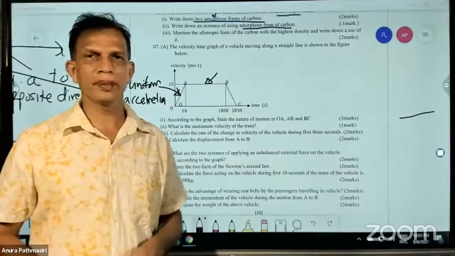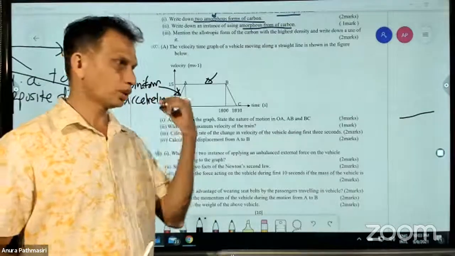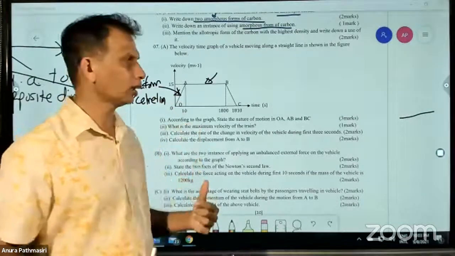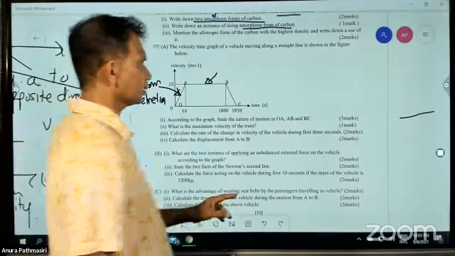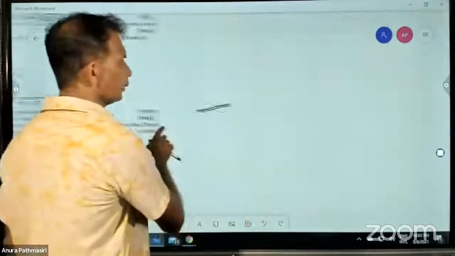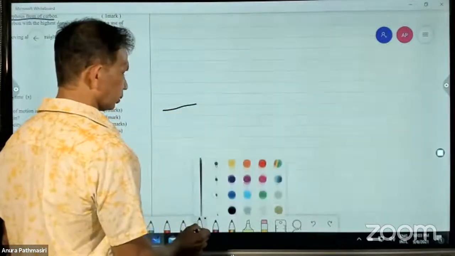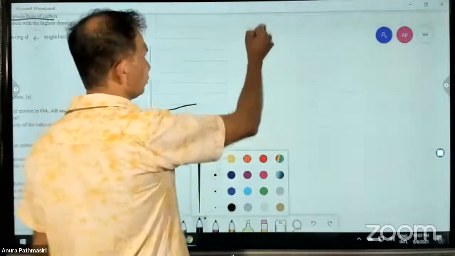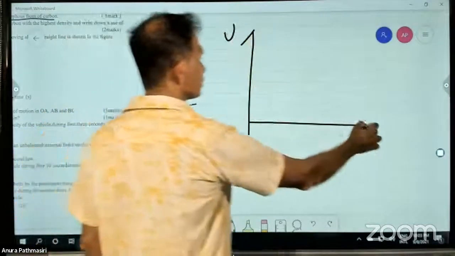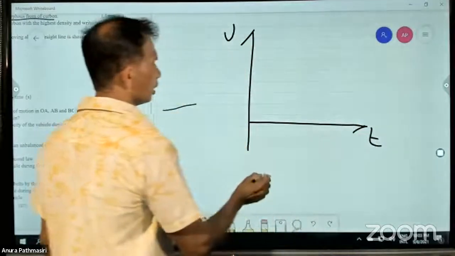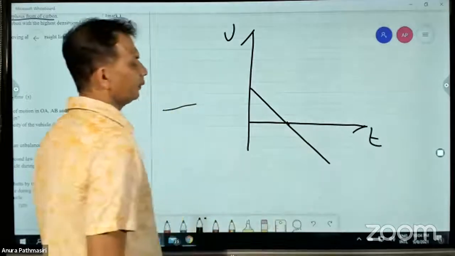It is not compulsory, but I just told you in order to get an idea, otherwise you will get confused, because most of the children say this one is deceleration. Do a little research with your friends and ask about this one.